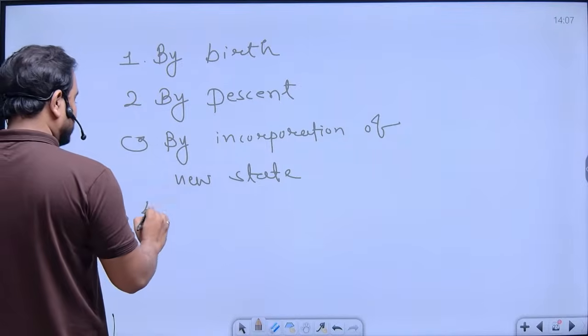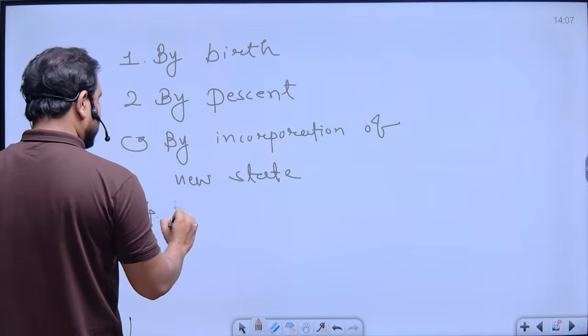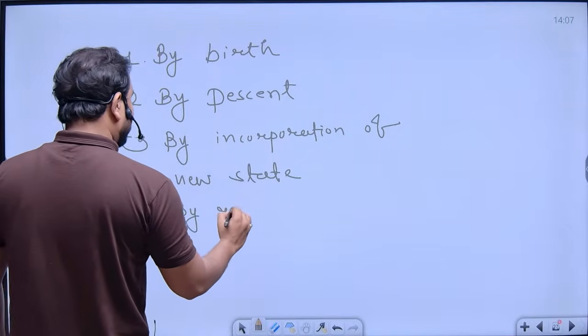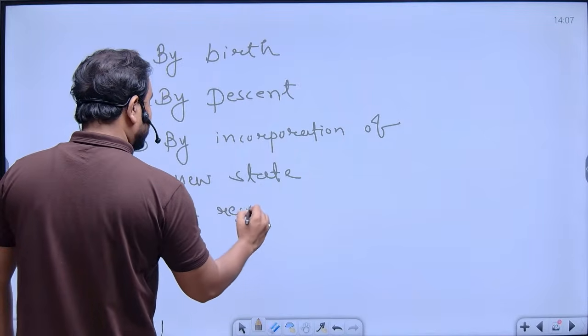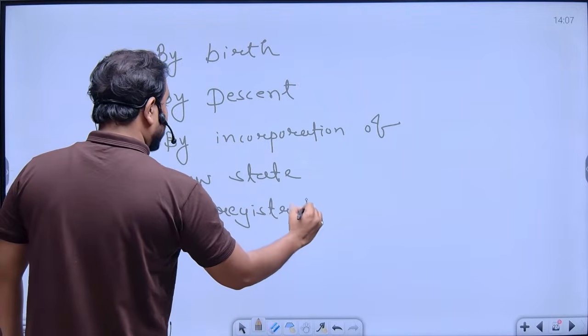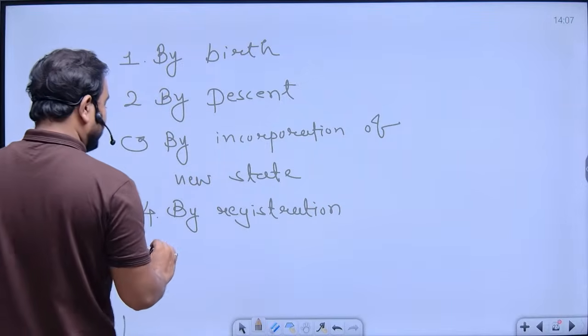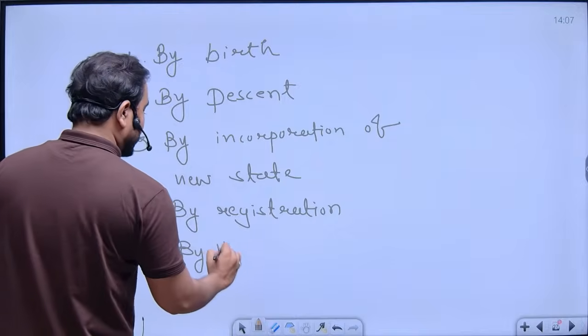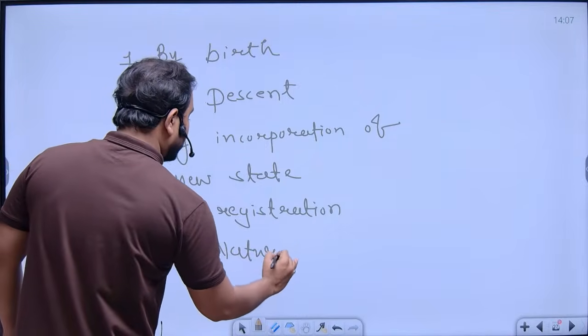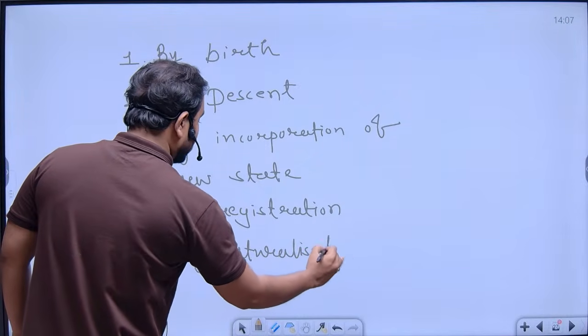Fourth one is by registration. If somebody wants to get citizenship of India, by registration you can have your citizenship. And fifth one is by naturalization.